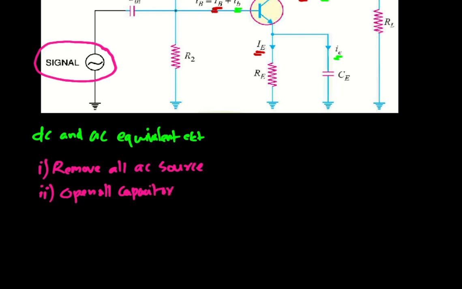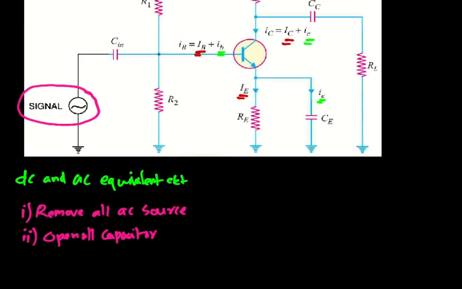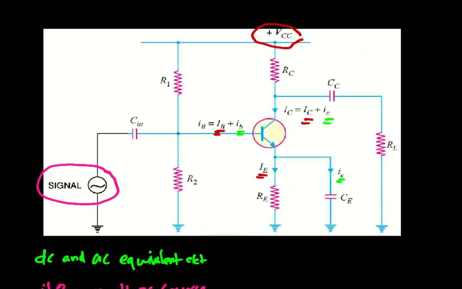So when we do these two steps to this circuit, we have to remove this AC signal. Also we have to open up all the capacitors connected here, here.